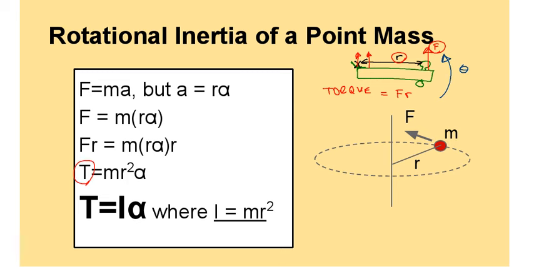Force times distance is torque. Over here on the right-hand side, I'd have m times r would be r squared times alpha. And that's an interesting formula. When we write torque equals m r squared alpha, you can see that since we started with F equals ma, and you know that a is related to alpha and force is related to torque, then there's this thing in the middle.